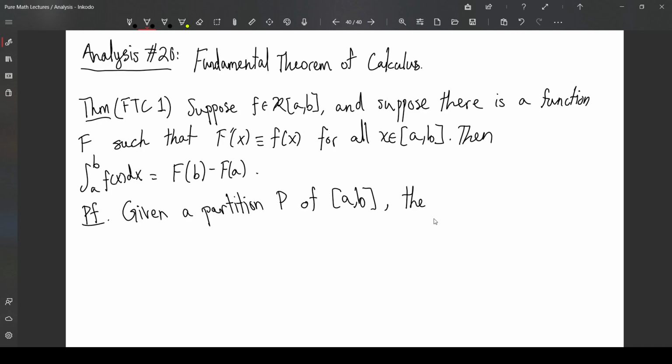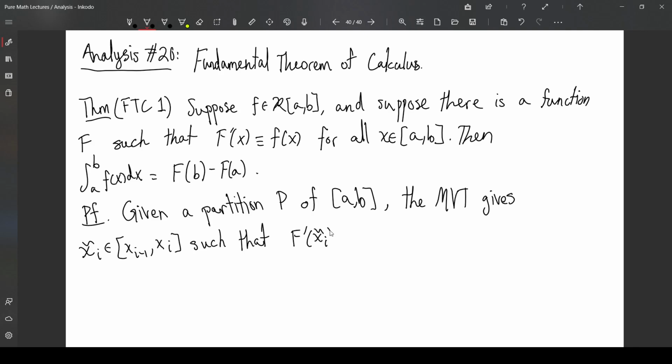The mean value theorem gives evaluation points, points in the partition intervals from x_{i-1} to x_i, such that F prime evaluated at the evaluation point is equal to the difference quotient over this interval of capital F, that is, F(x_i) minus F(x_{i-1}) over x_i minus x_{i-1}.